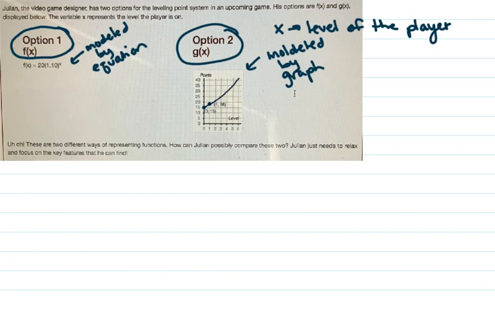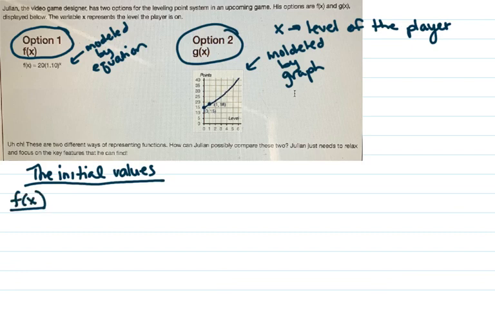So let's just start with comparing the y-intercepts or the initial values. Okay. And so for f of x, our initial value is our p, which is 20.